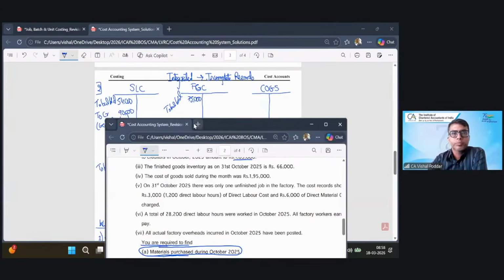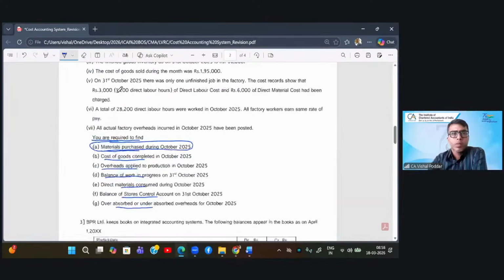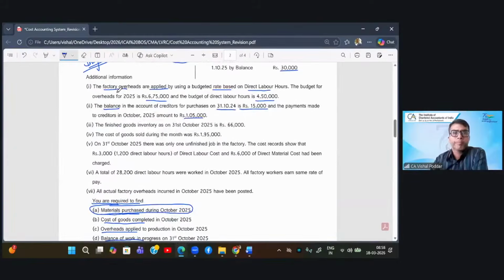So one figure is done. Now, what else is given? They are saying the finished goods inventory on 31st October, that is the closing balance in finished goods, is 66,000 and cost of goods sold is 195. Now again, we'll get something from here.